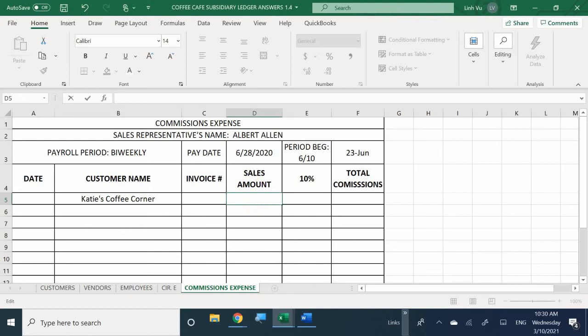So here we have the 219.05, right? Again, we haven't delivered it to them, we haven't billed them yet, and we haven't received the money yet, or in this case, completed the sale. So we're not going to calculate the 10%. We're not going to calculate any of those. We're just going to keep it in this form. All right.